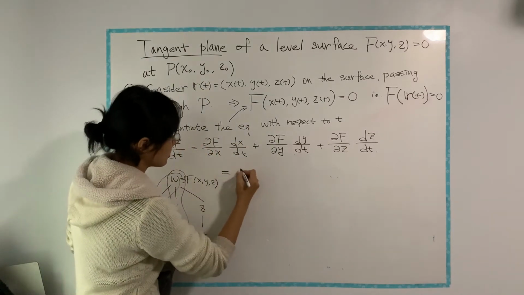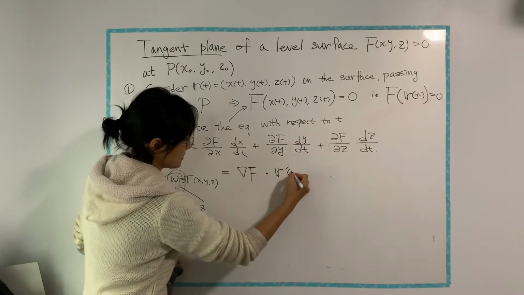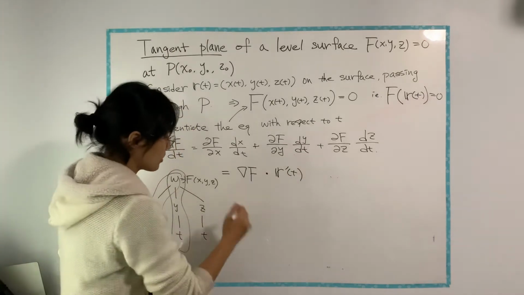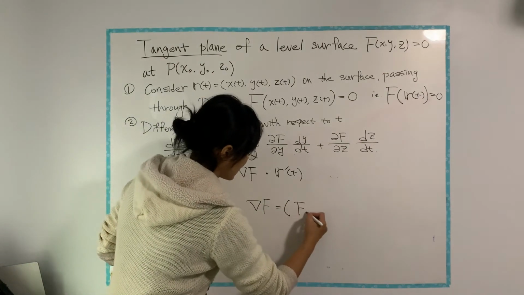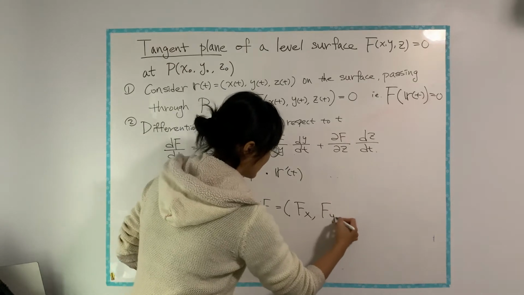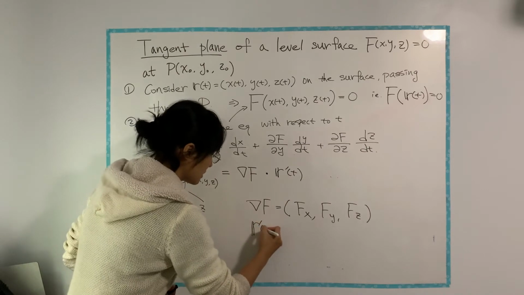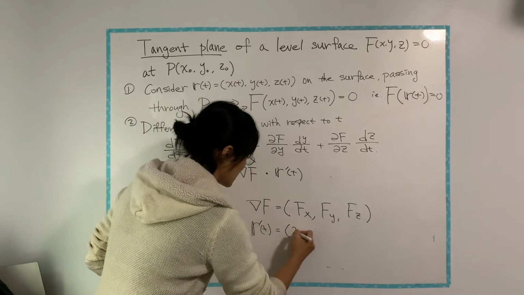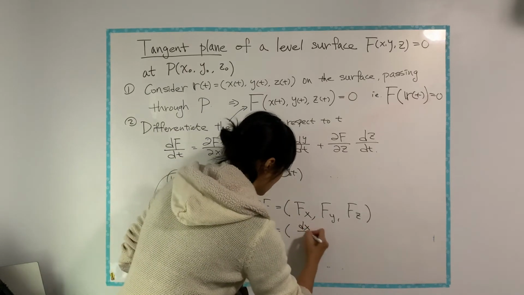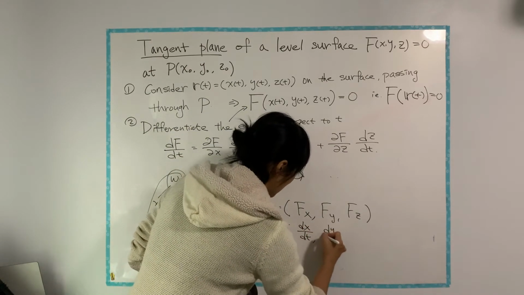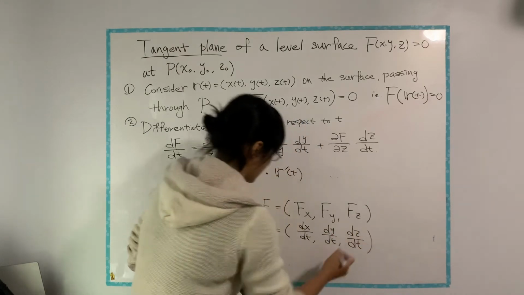Okay. So this is equal to gradient f dot r prime of t. Think about it. What is a gradient f? Gradient f is the vector df dx, df dy, df dz. What is r prime of t? R prime of t, the formula is x prime. So that is dx dt, dy dt, and dz dt. Right? Okay?